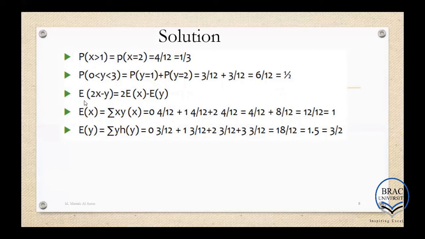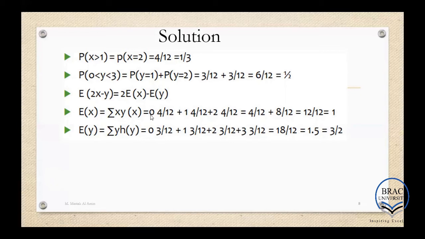Now our next question is to find the expected value of twice x minus y. From our previous chapter, we know that we can write it this way: 2 times the expected value of x minus the expected value of y. First of all, we need to calculate the expected value of x. The expected value of x equals the summation over x of x times g of x.